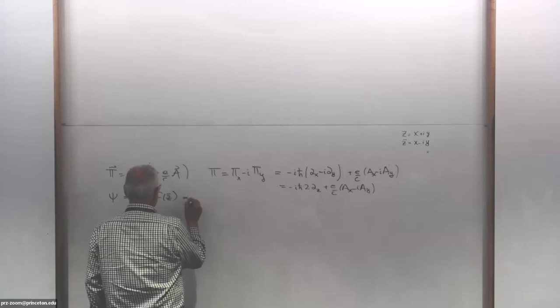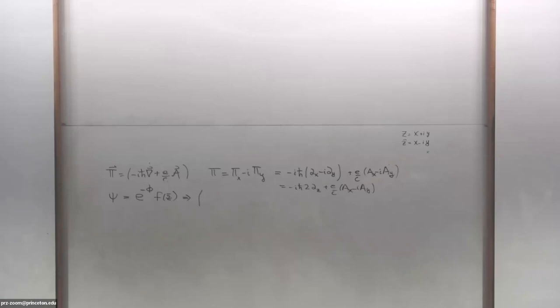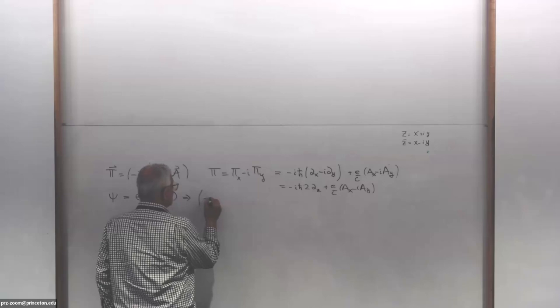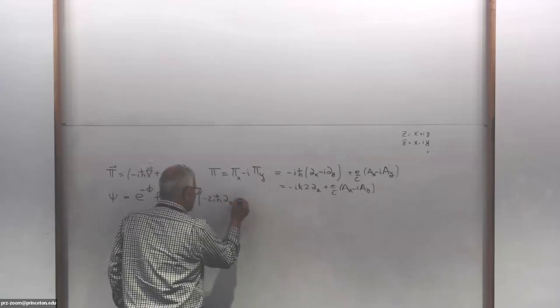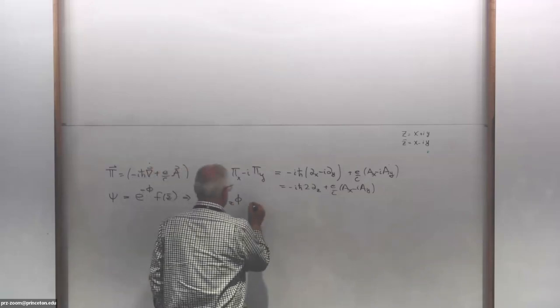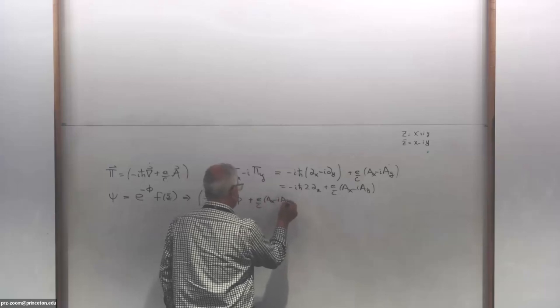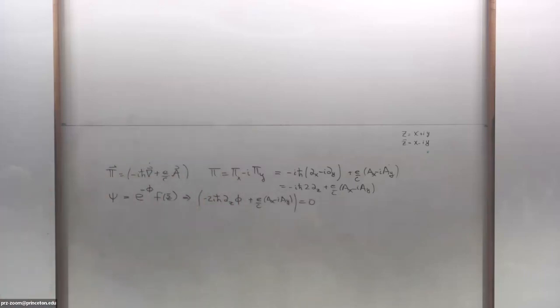So a function of this form will be annihilated by pi, provided that minus 2i h bar dz phi plus e over c (Ax minus i Ay) equals 0. Any function phi that satisfies that will give us a solution.